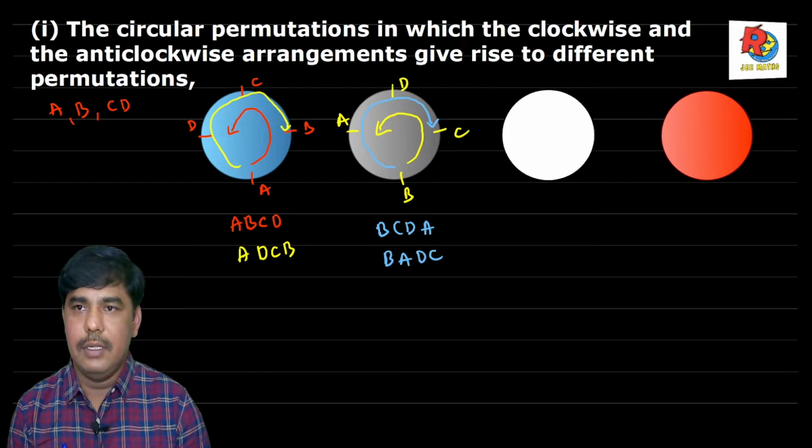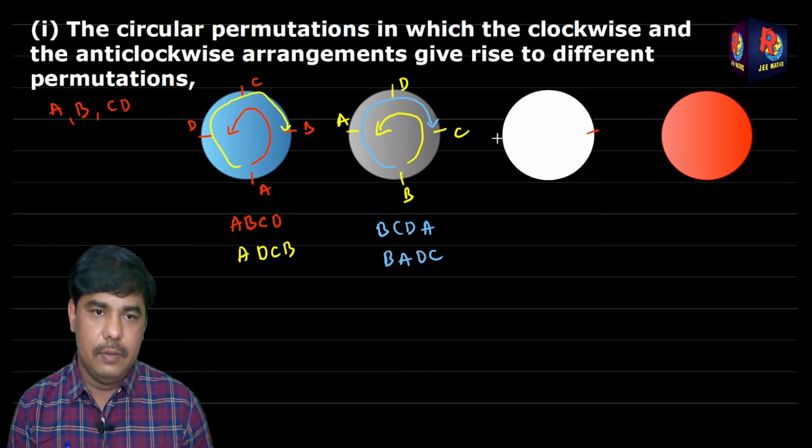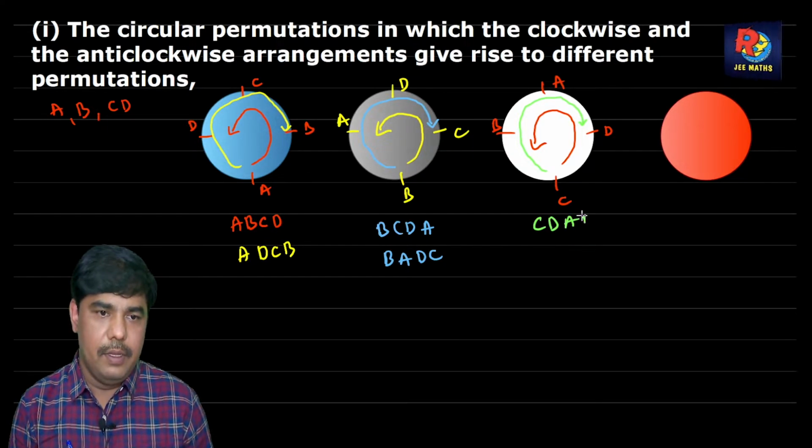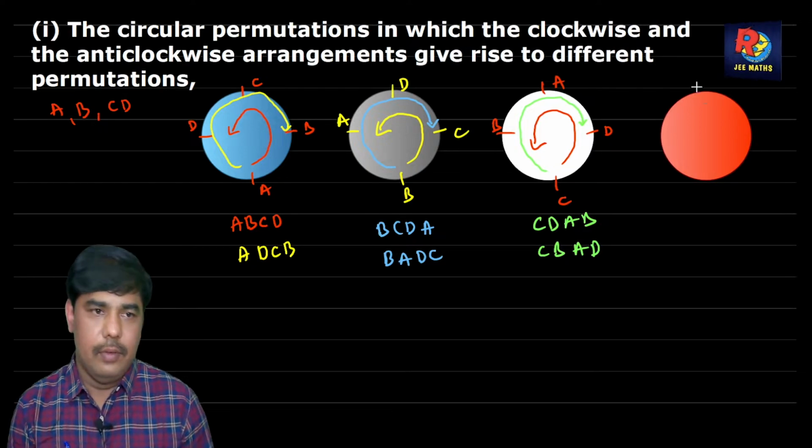Next, the third case. Anti-clockwise direction: C, D, A, B. Clockwise direction: C, B, A, D. Now, the last one.